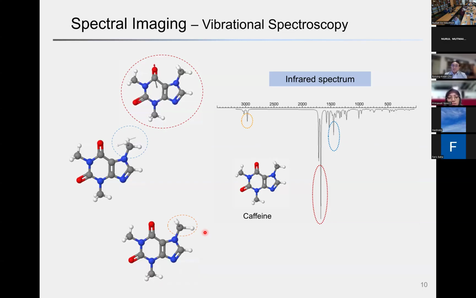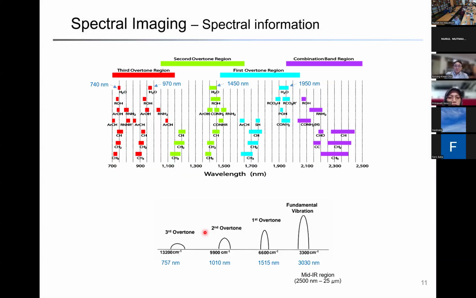So when we look at the spectrum from a sample or material, we can estimate the chemical composition, the chemical information of the material. That is why we call it vibrational spectral information.